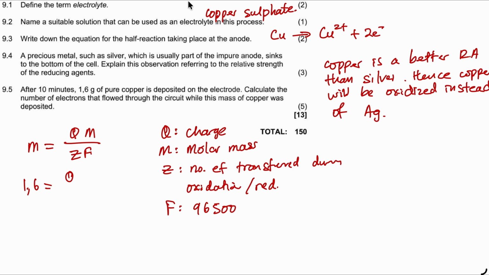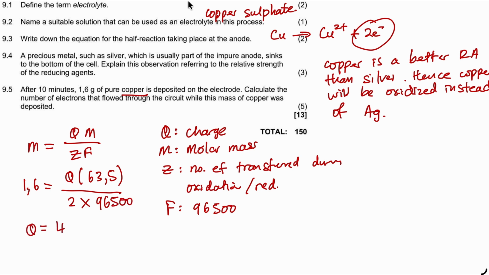So we know the mass is 1.6. That's equal to Q, which is what we want, multiplied by the molar mass of copper, 63.5, divided by, when copper is reduced, 2 electrons are used. So 2 multiplied by Faraday's constant, 96,500. Q is then equal to 4,862.99 coulombs.